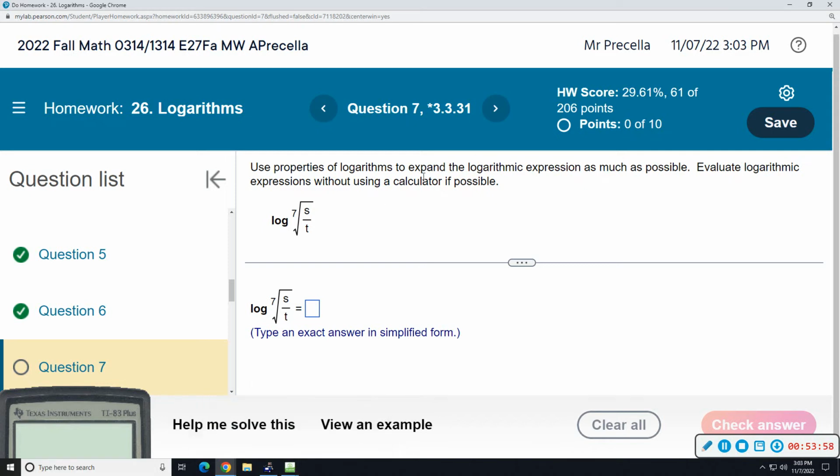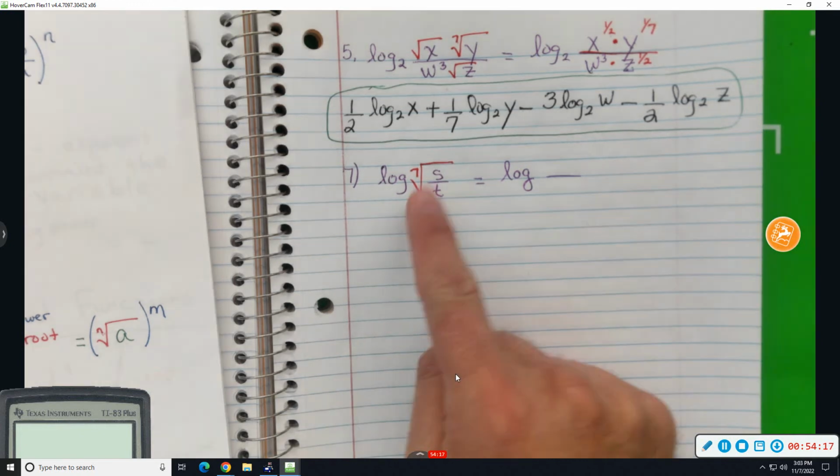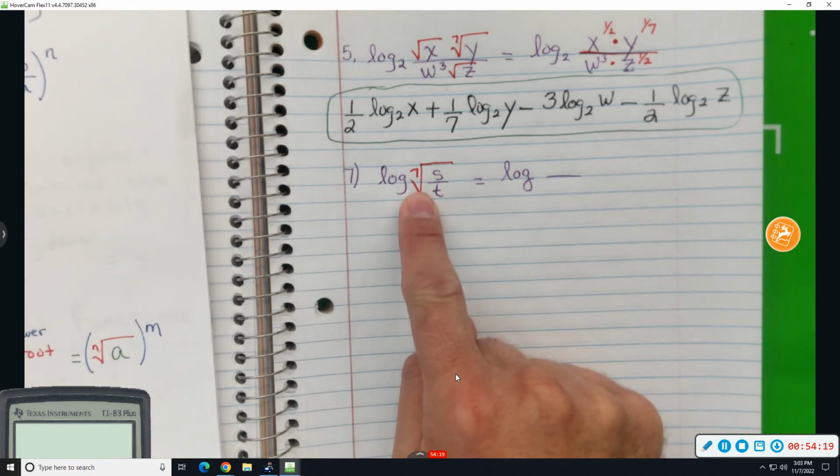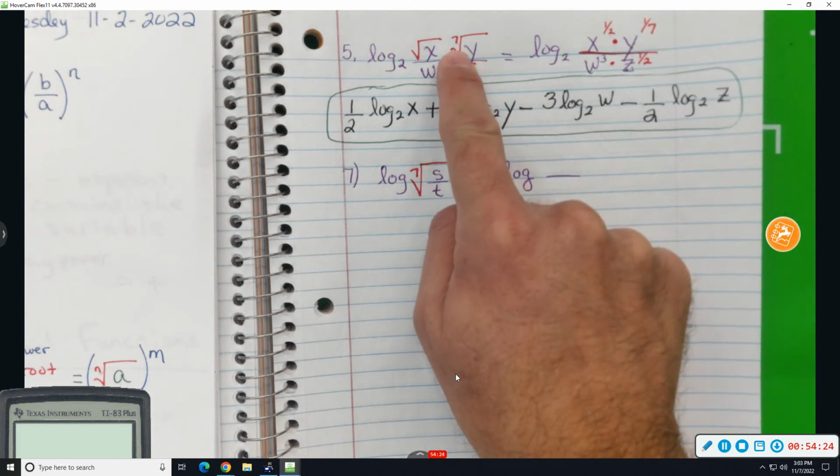Oh, look, I like these instructions. Use the properties to expand it. And then they tell you not to use a calculator. There's not a calculator that could do this one. Oh, wait, no. Well, we've got to rewrite it without the radical. Well, here, it's a 7th root, just like right there.